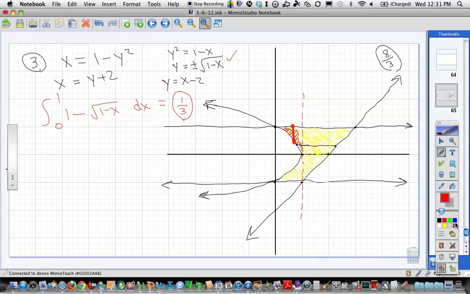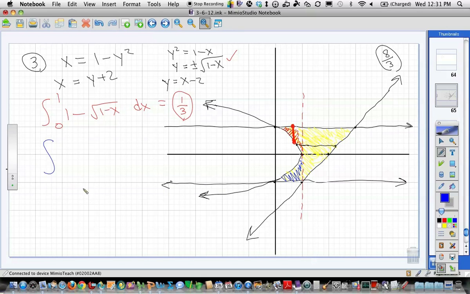Okay? In blue, part B. B for blue. Bounded above by the x-axis, below by y equals -1, on the right by x equals 1, and on the left by the parabola. Well, that's this region down here. Now, you can probably guess that's going to be 1/3. But I'm not interested in 1/3, I'm interested in your integral set up.